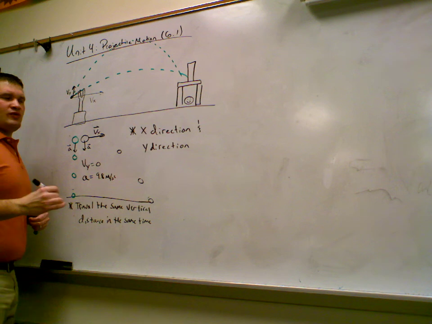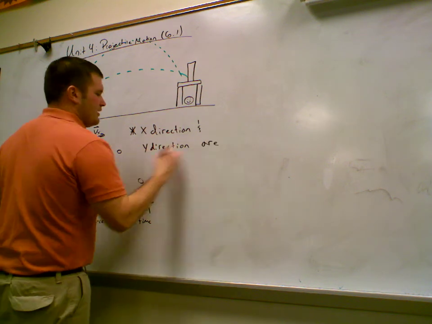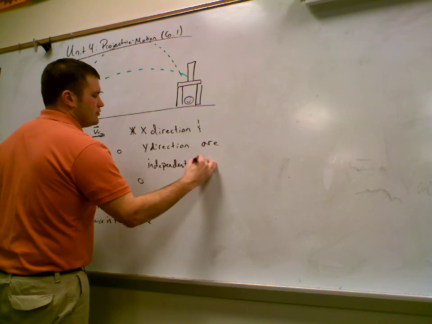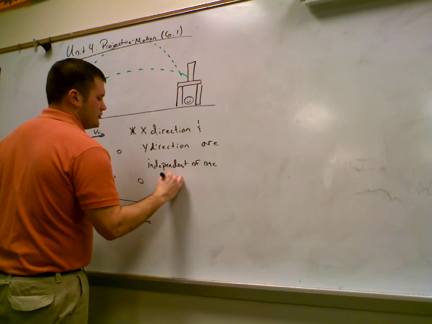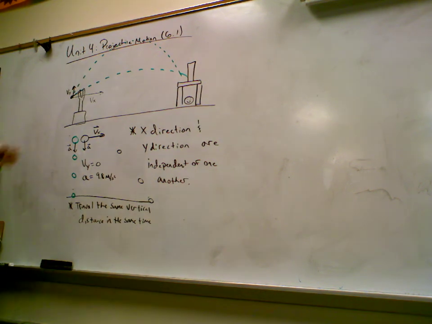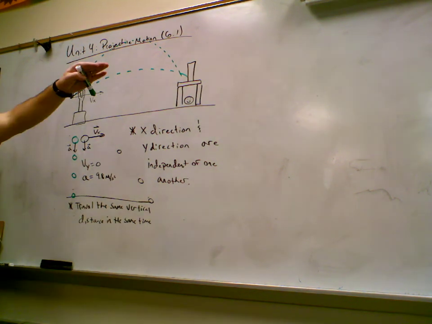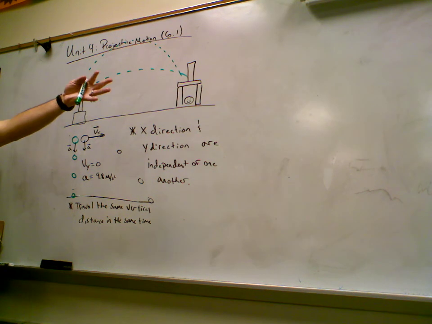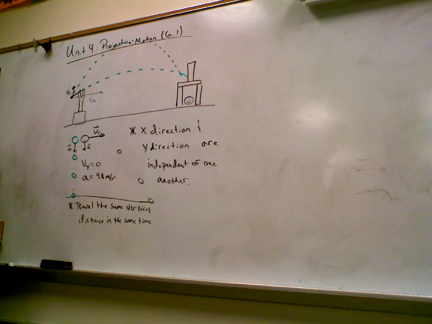So the x direction and y direction are independent of one another. What that means is my x velocity does not affect my y velocity. My y acceleration does not change my x velocity. Okay, does that make sense?